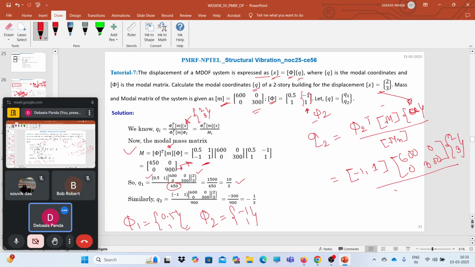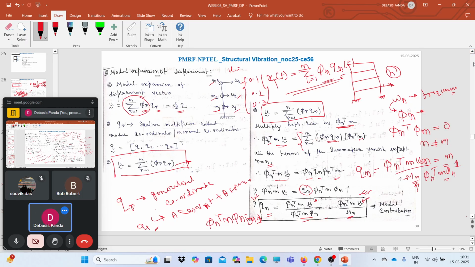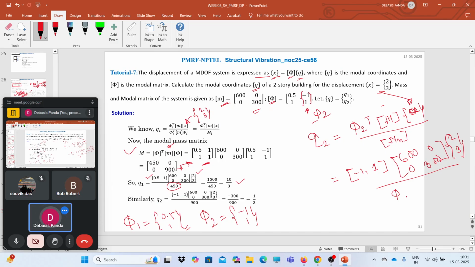That means phi n transpose M phi n, the second element of the normalized mass matrix: phi 2 transpose M phi 2, minus 1, 1, and do the operation, divided by, you will have 900.